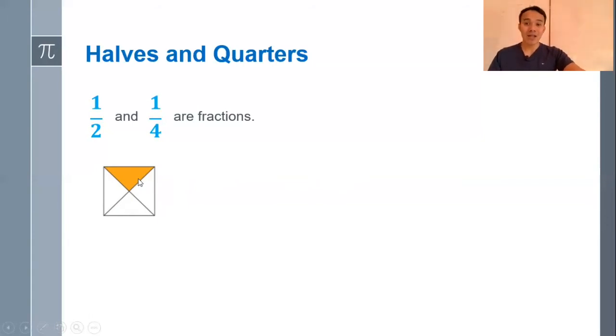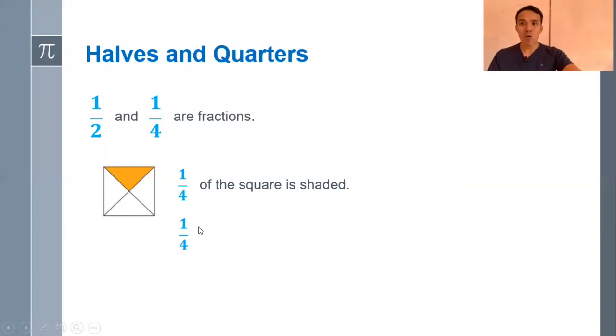If we're going to answer that question, you have to know how many parts are shaded. In this case, only one part is shaded out of how many equal parts? There are 4 equal parts. We say 1/4 of the square is shaded.